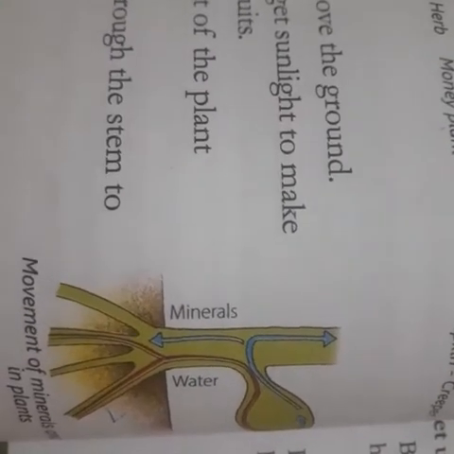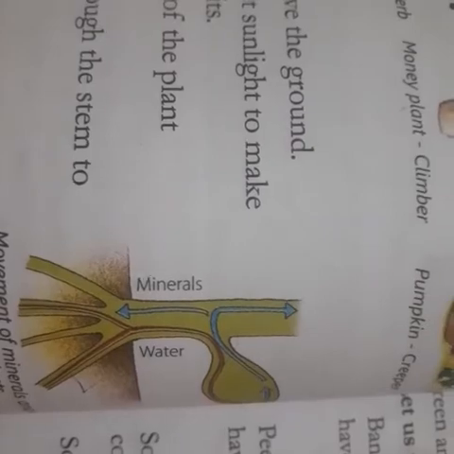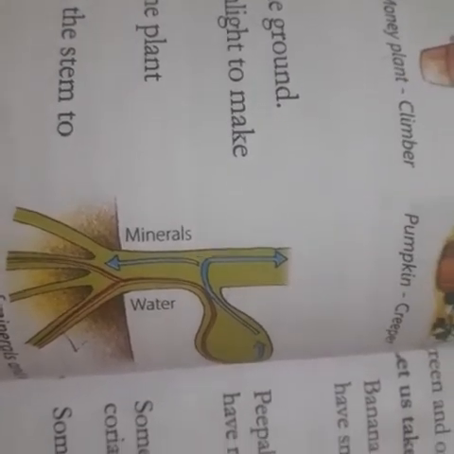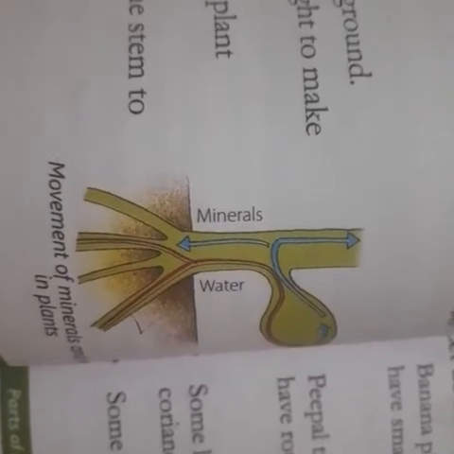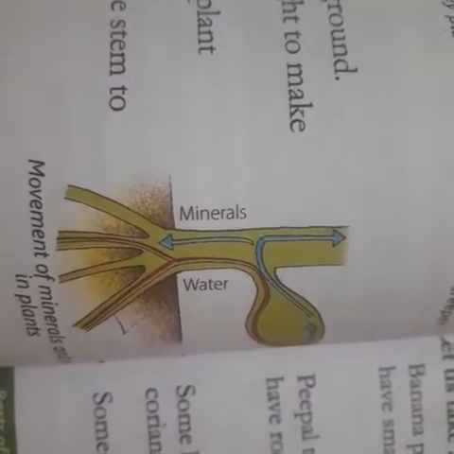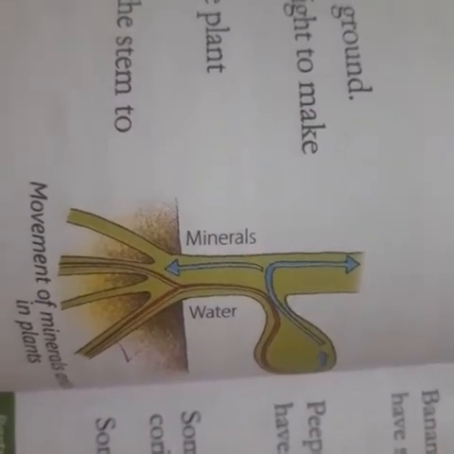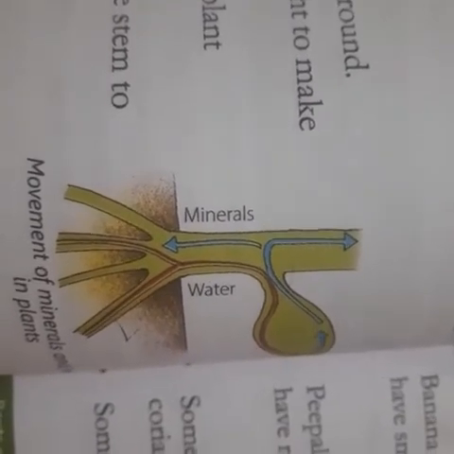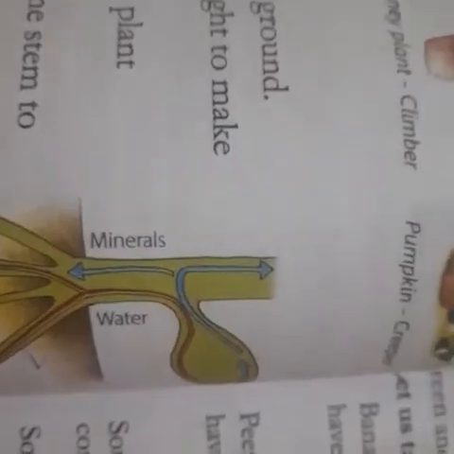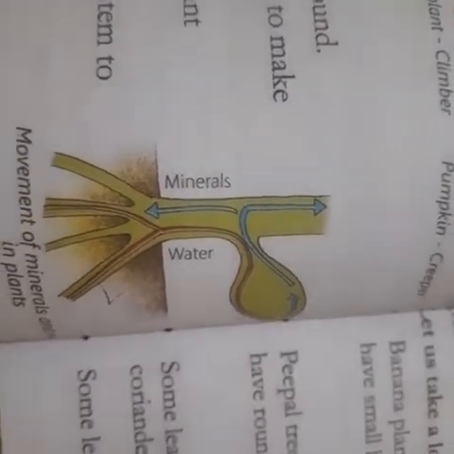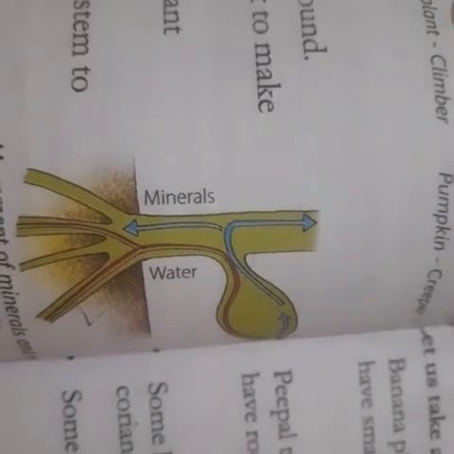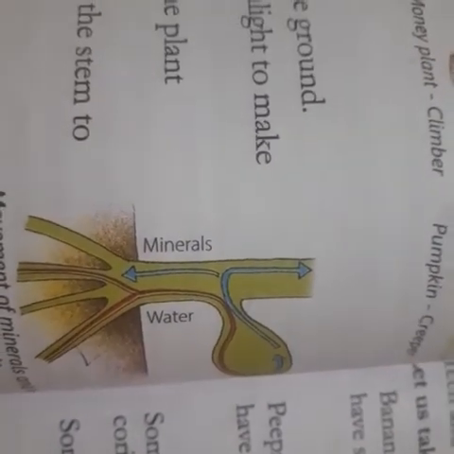A bud may be a terminal bud located at the tip of the main stem, which helps the plant grow in height and length, or an axillary bud located in the axil of a leaf, which may grow into a branch. The stem grows towards the light and remains in the air.